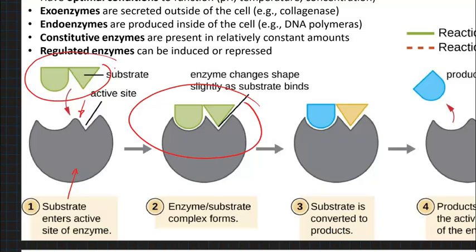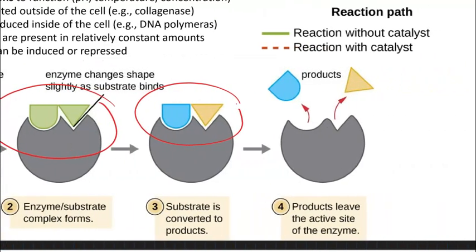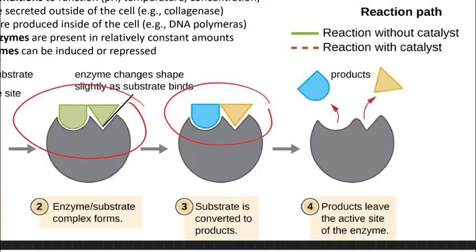Then the structural features of the active site make the conversion of the substrate into products happen. We're not going to get into biophysics and biochemistry of this, but the enzyme makes this conversion from this substrate to these two products much faster. And then products are released.